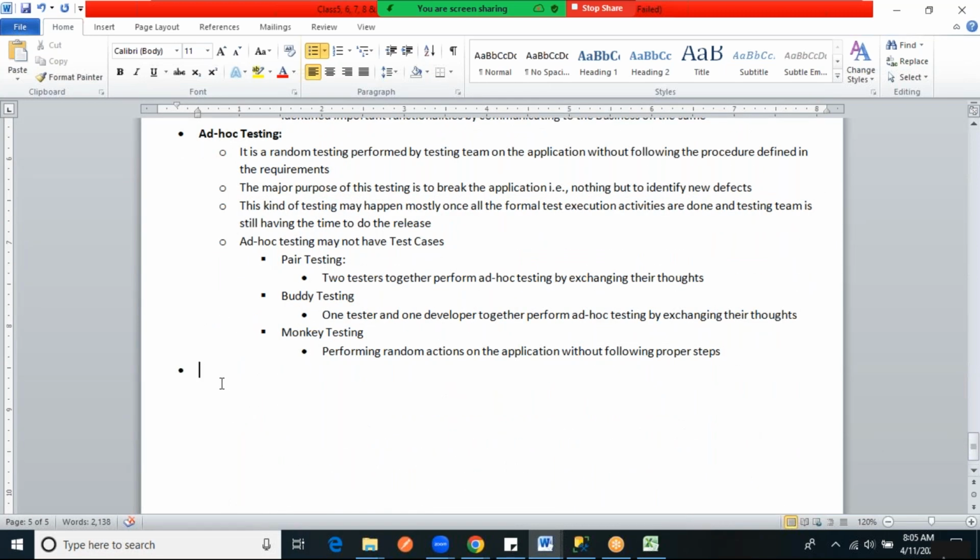Okay, next we have globalization testing. Globalization is also called internationalization. Globalization and localization testing.